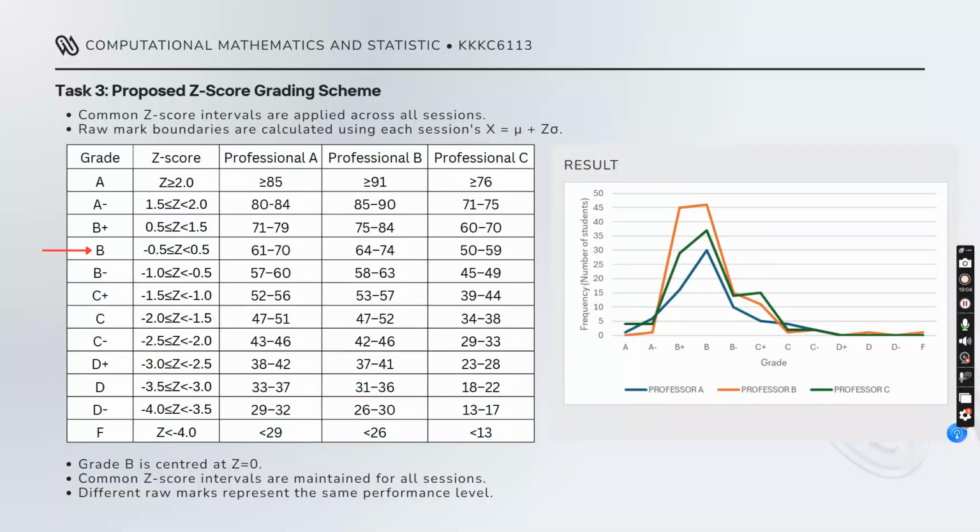After determining the grade B range, I developed a complete grading scheme based on Z-score intervals. Instead of assigning grades directly using raw marks, every grade corresponds to a specific Z-score range.